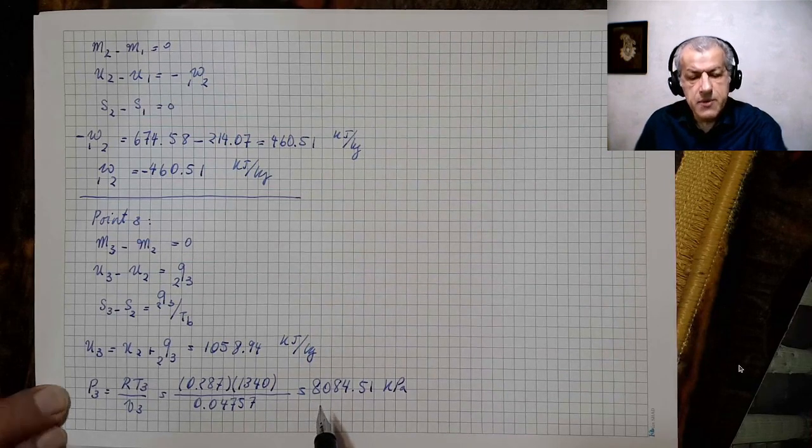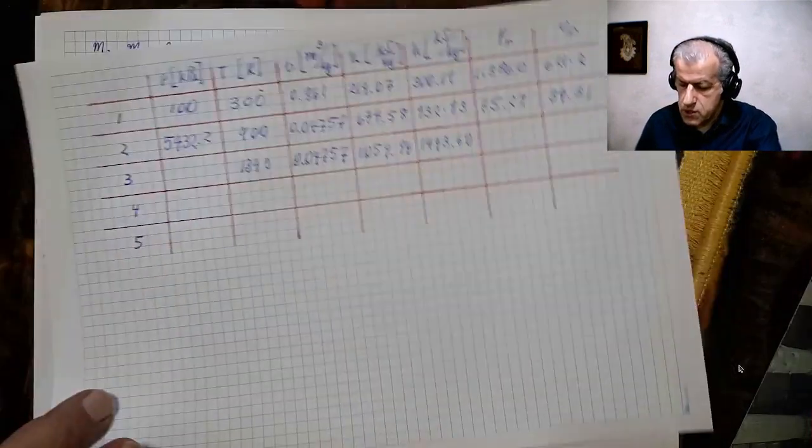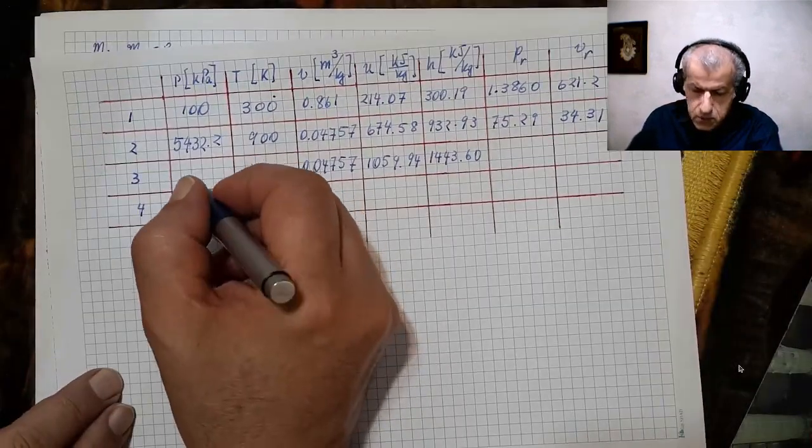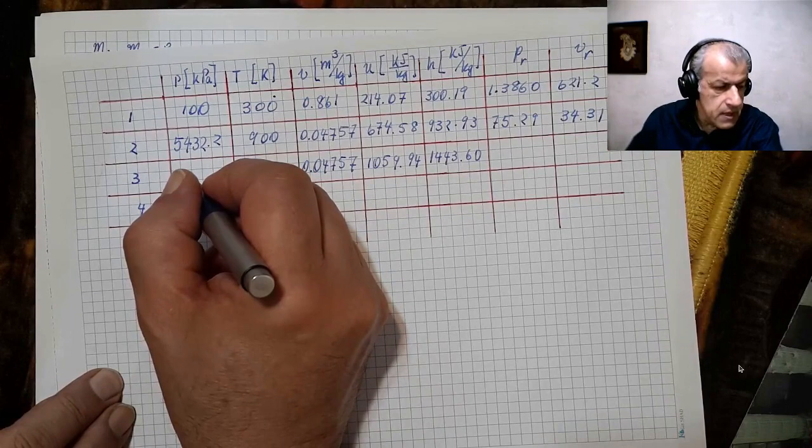That's the pressure at point 3, and we may also complete our table here.